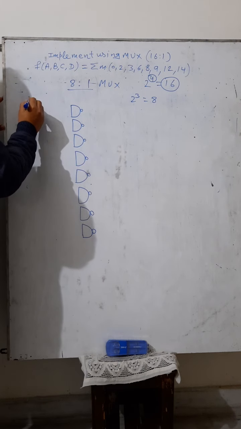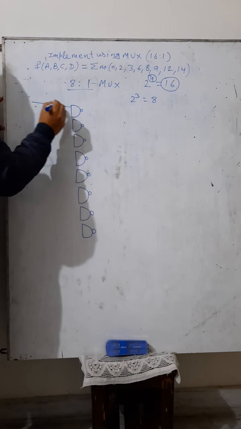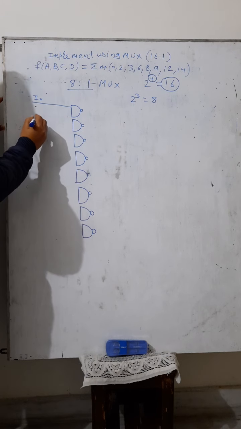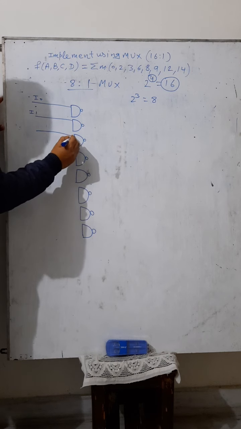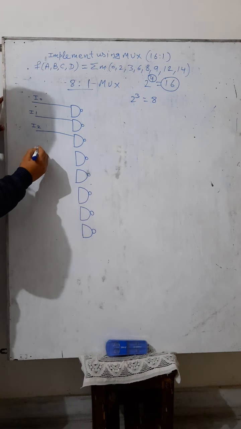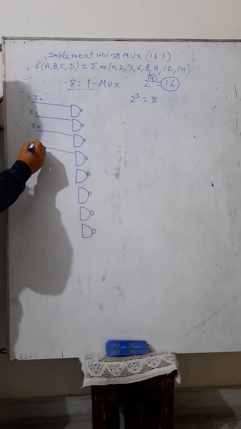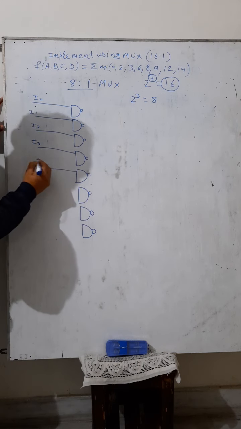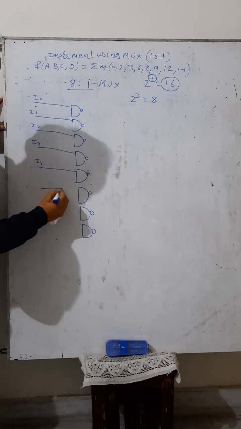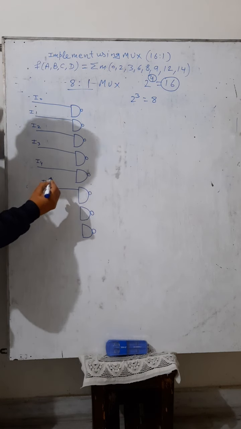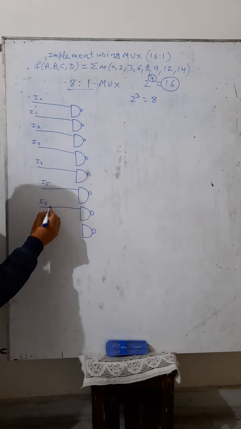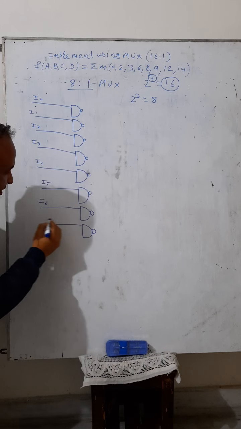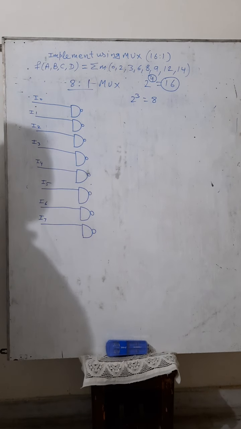Then to the first NAND gate, the first input is I0, second input I1, third input I2, fourth I3, then I4, then I5, then I6 and I7.